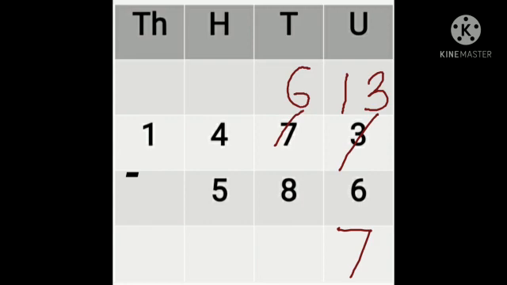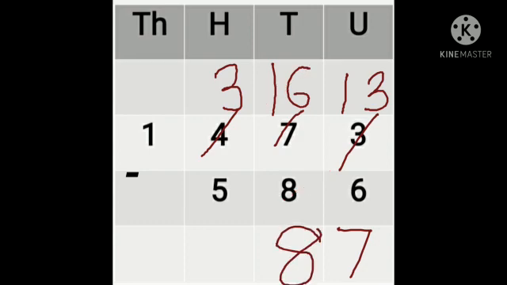Now moving on to the tens place, 6 minus 8, we can't subtract. So tens will borrow from 100 place. After borrowing 100, we get 16 in tens place and 3 will remain in 100 place. Now 16 minus 8, we get 8.